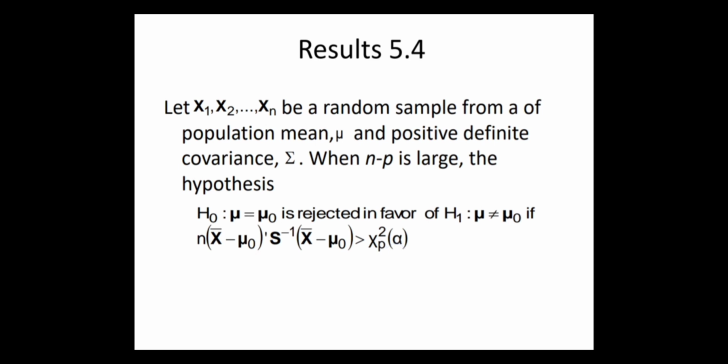But for a large sample, we compare with the chi-square distribution with p degrees of freedom, which is the number of variables, and then we can make the conclusion as usual, whether the mean vector is plausible or not for the multivariate population mean. Okay, that one is for hypothesis testing, to know whether the value of the mean vector is a plausible value for the population mean.